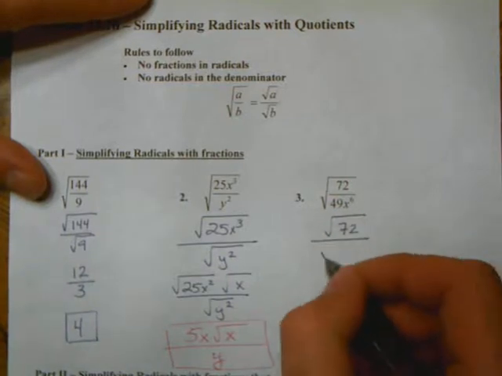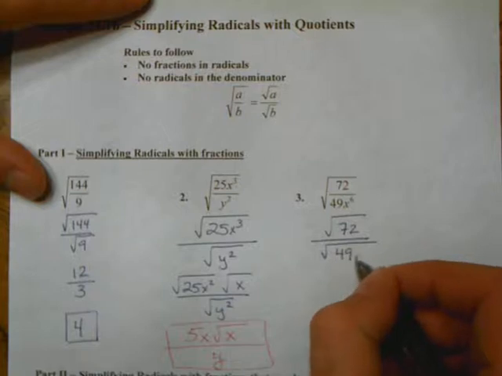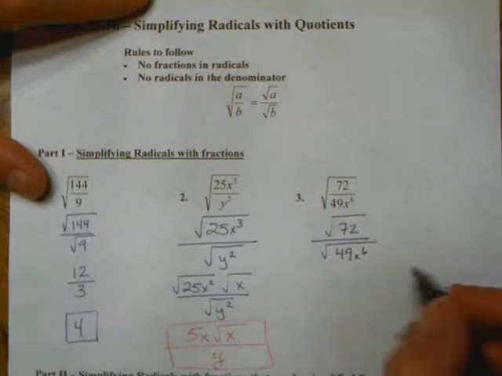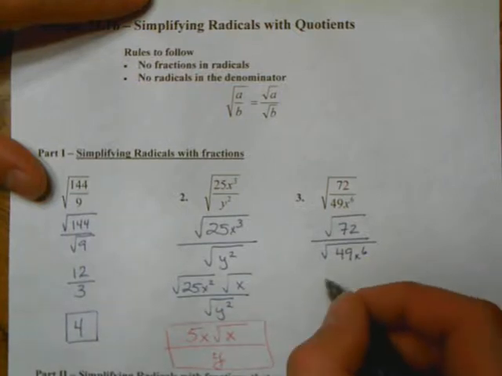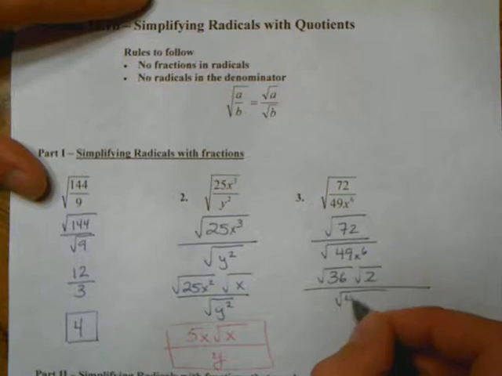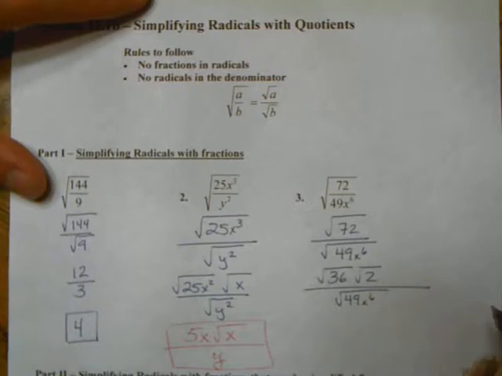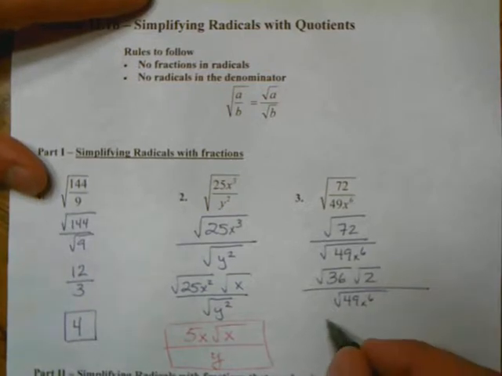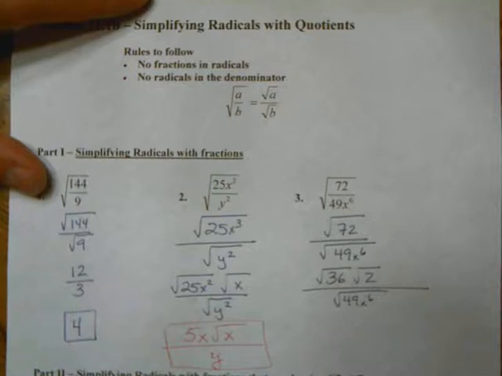Our third one on this problem, we're going to break up the 72 on the top and the 49x to the 6th on the bottom. Can you think of what goes into 72 that's a perfect square? Well, 36 does, so 36 times 2. And the 49x to the 6th is already a perfect square.